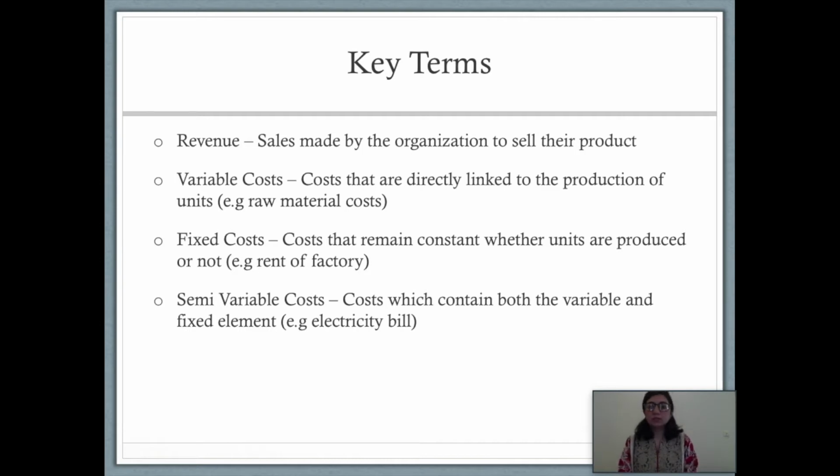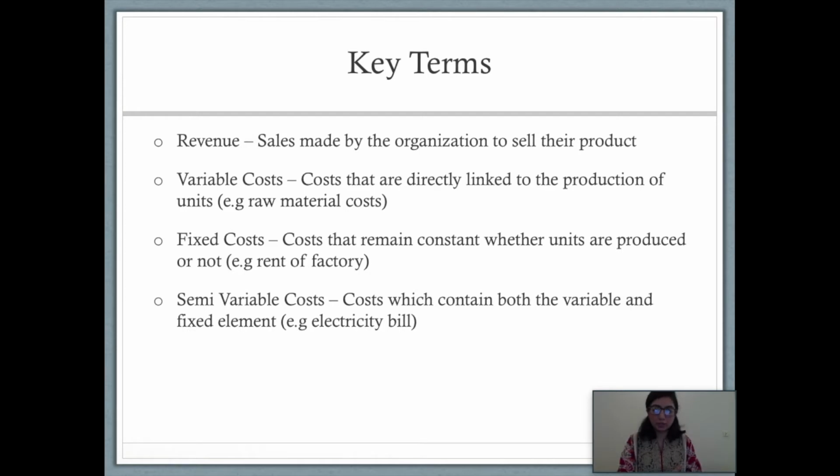Then we're going to come to variable costs. Variable costs are costs that are linked to the production of units. So, variable cost, as the name stands for, means costs that vary. With what? With units. Management accounting is basically called cost accounting, and it revolves around the costing of your production, of the goods that you're actually producing to sell.